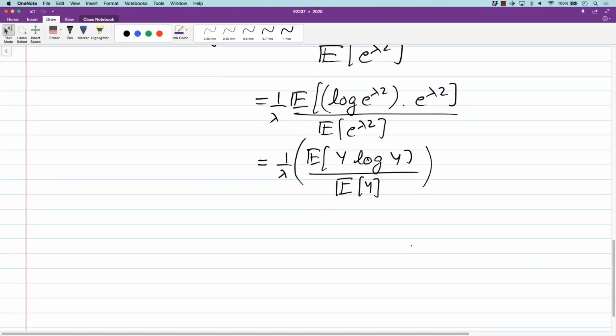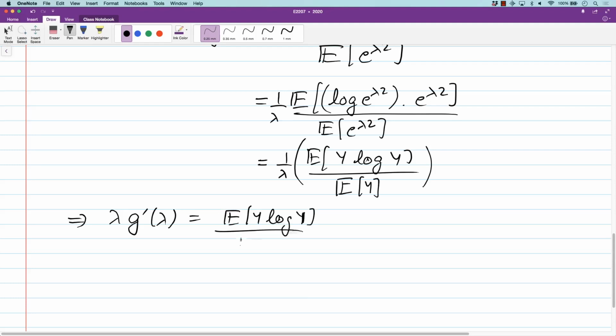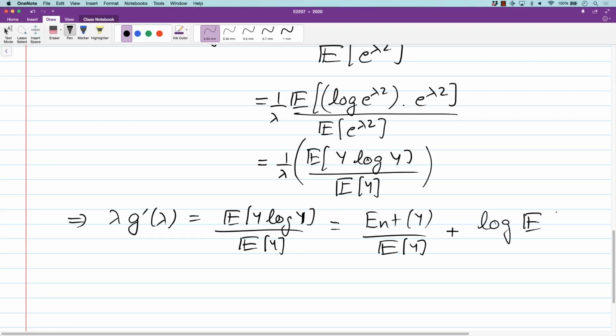So we get this inequality. This implies lambda times g prime lambda is expected value of y log y by expected value of y, which is equal to the entropy of y by expected value of y plus log of expected value of y. And this, that's how I define things, is exactly equal to g of lambda.